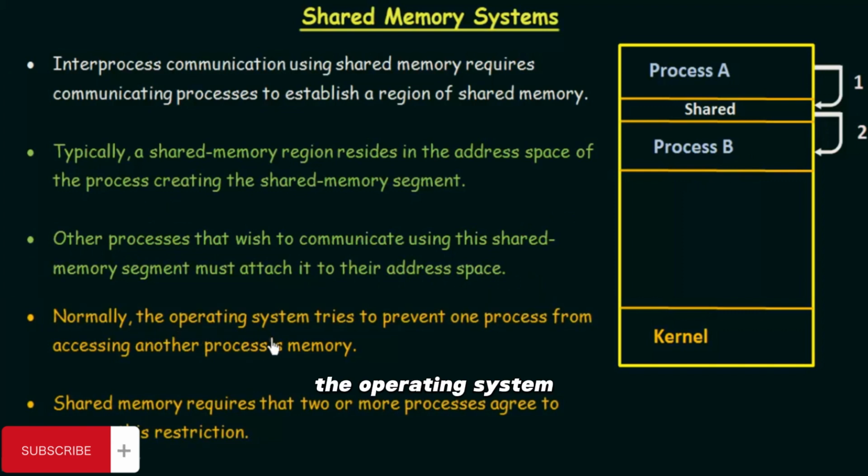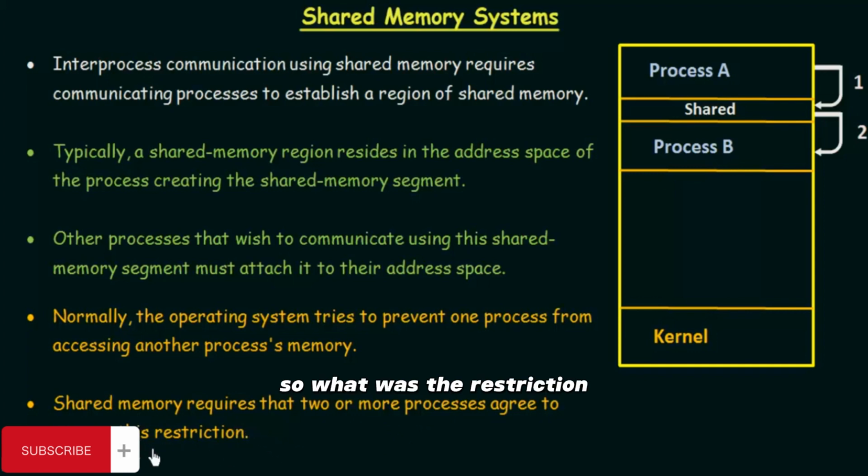Normally, the operating system tries to prevent one process from accessing another process's memory. It does not allow one process to access the memory of another process. So under normal conditions, process A cannot access the memory of process B, and process B is not allowed to access the memory region of process A. That is not allowed by default in the operating system. But if a shared memory system has to be used, then shared memory requires that two or more processes agree to remove this restriction.